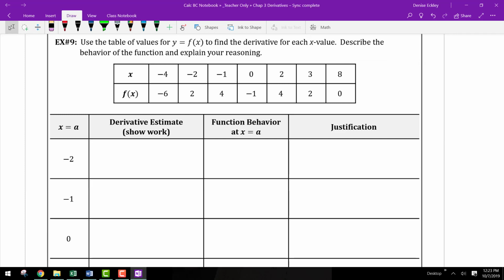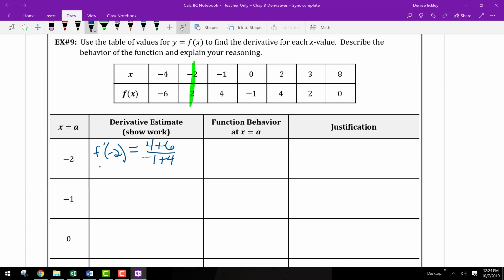Okay, so here is -2. I'm going to find the slope of the secant line through that point, so I'm going to use the points on either side of it. So f prime of -2 is going to be 4 minus -6 over -1 minus -4.